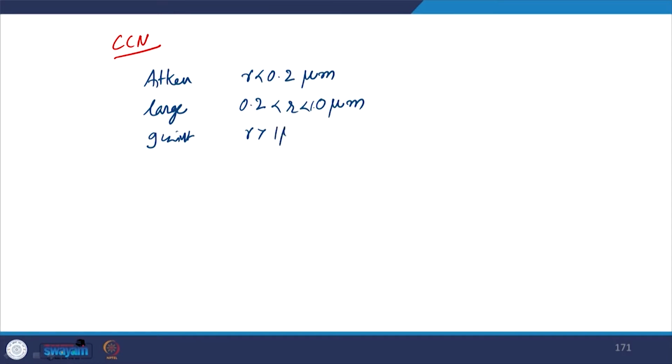There are three different types of cloud condensation nuclei, which are Aitken nuclei, which are typically of the size of less than 0.2 micrometers, large nuclei, which are between 0.2 and let us say 1 micrometer, and giant nuclei, which are greater than 1 micrometer.